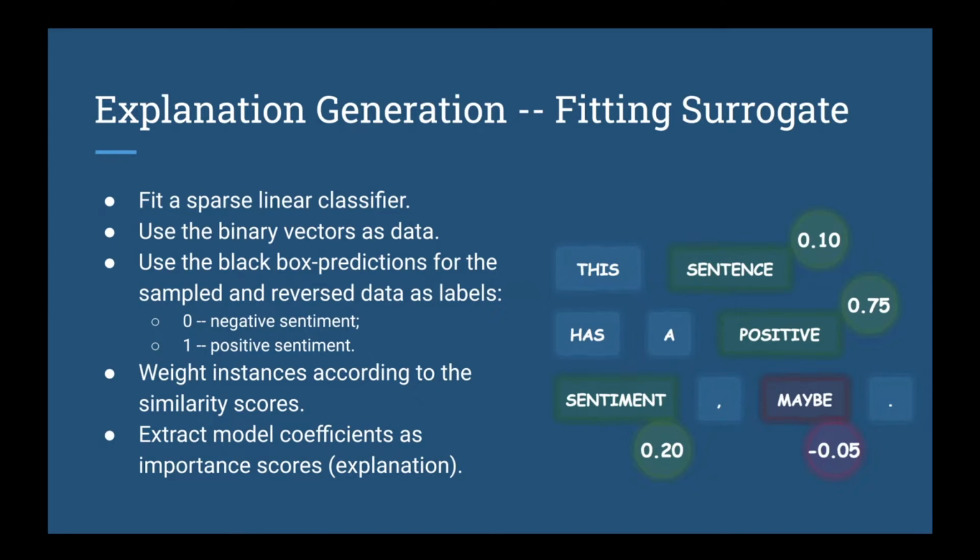Kacper, can I just pause you there and can you tell us, so for instance, positive and 0.75, what exactly does that mean? This means that adding the word positive to this sentence moved, so you could imagine possibly that you start with 0 and then adding the word positive to your sentence would move the explanation very much to the positive side, whereas adding the word maybe would move it a bit to the negative side.